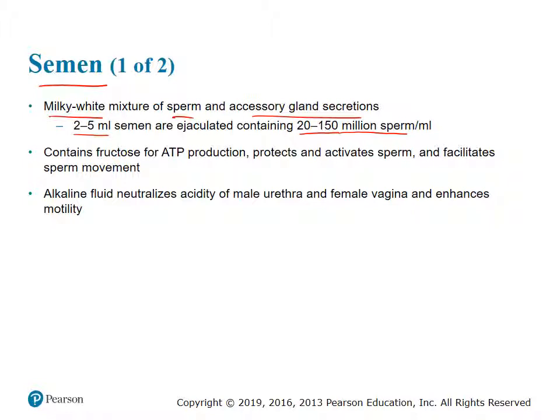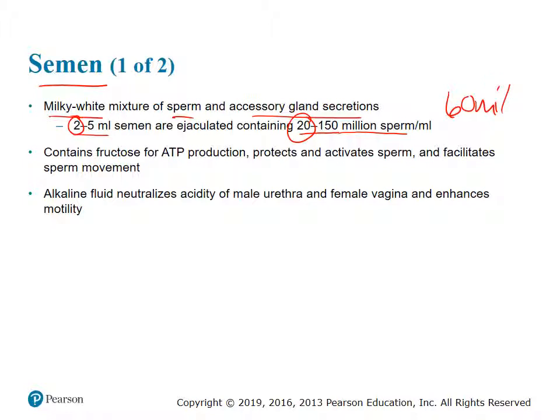But at the low end, if we just say it's only 2 milliliters and each milliliter has 20 million sperm, that's 60 million sperm in one ejaculation at the low end. So that's a tremendous amount of sperm per ejaculation on the low end. You can do the math and look at 150 times 5. That one's way up there, right? So that is a lot of sperm, right?